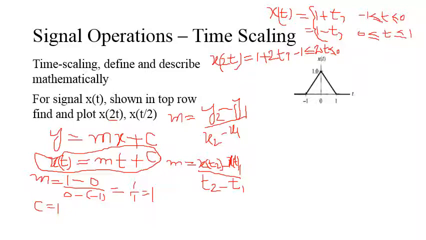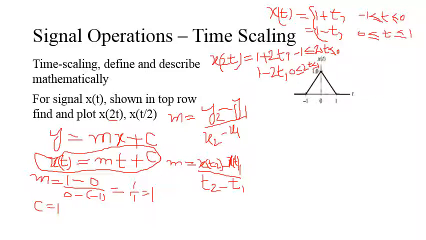Similarly for this one, it will be 1 minus 2t, and 0 is less than or equal to 2t, and this is less than or equal to 1.